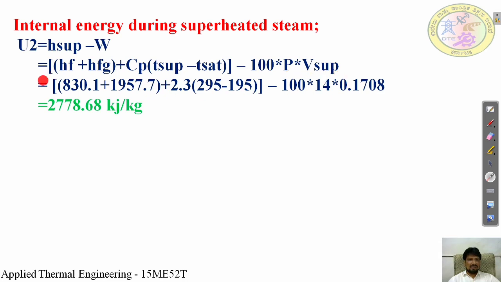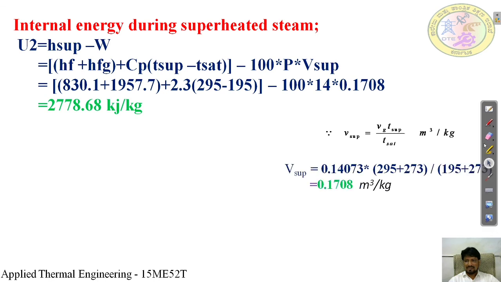So you substitute all the values except V of superheated, which is not yet calculated. How to calculate V of superheated? We know the formula: V of superheated is equal to Vg into T of superheated divided by T of saturated. Here we know all the values.